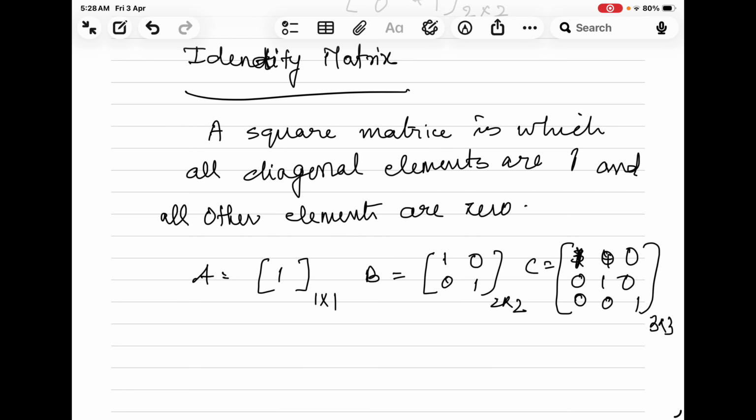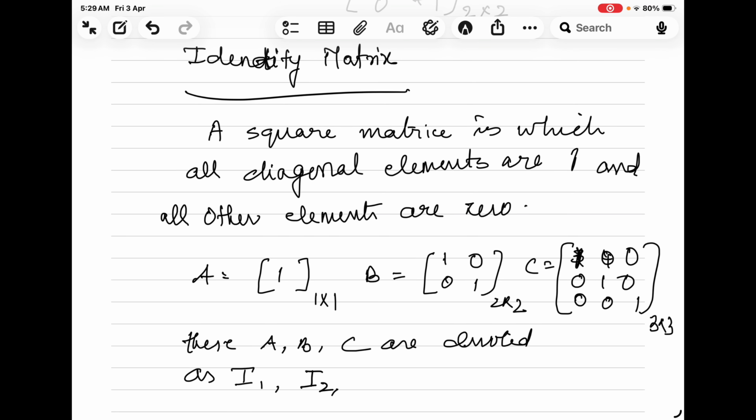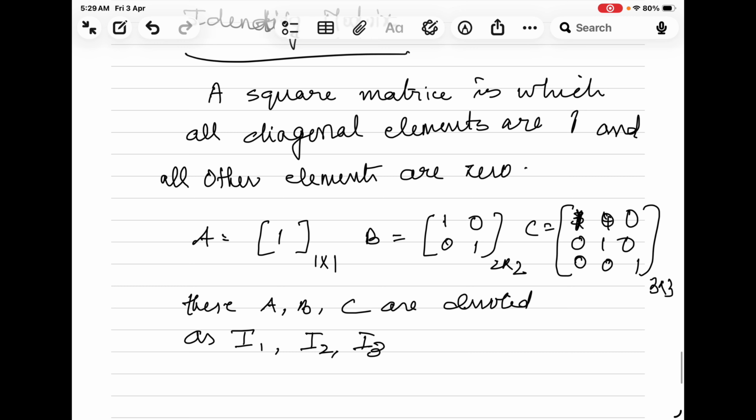Here they are called I1, I2, I3. This means identity matrix of order 1, order 2, order 3 respectively.